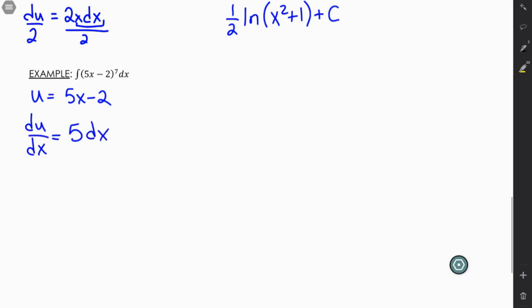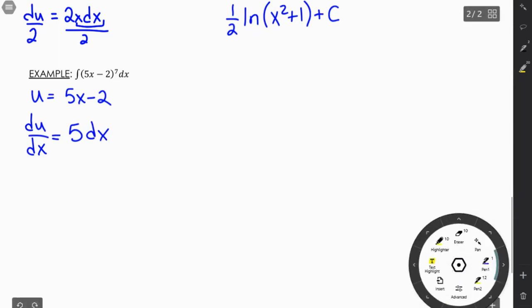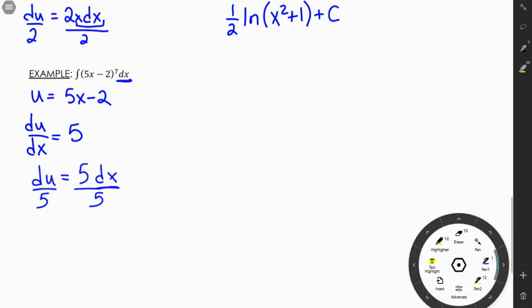But what's left over is just dx. So I need to get dx by itself and divide by 5. That makes dx equal to 1/5 du.